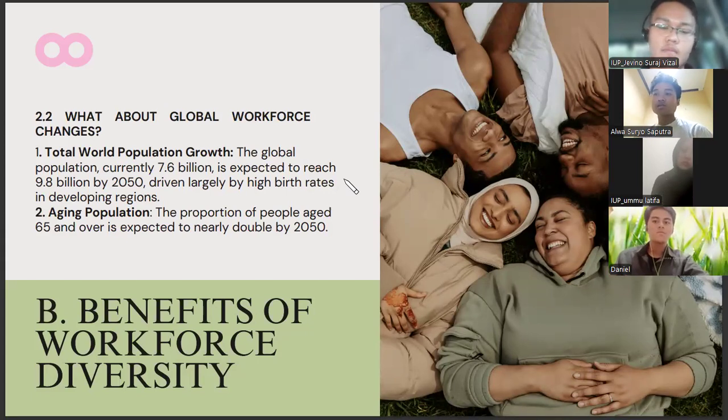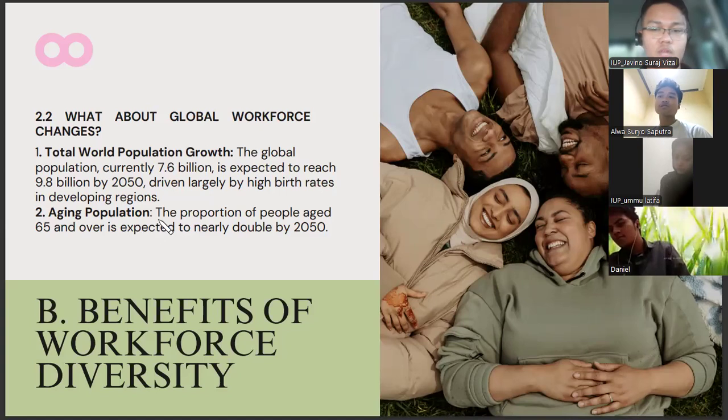For example, these countries will see a growing proportion of young workers, boosting productivity and economic growth. And the second is aging population.